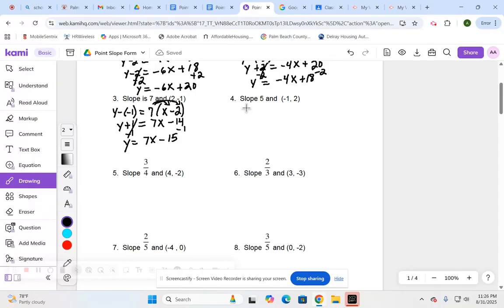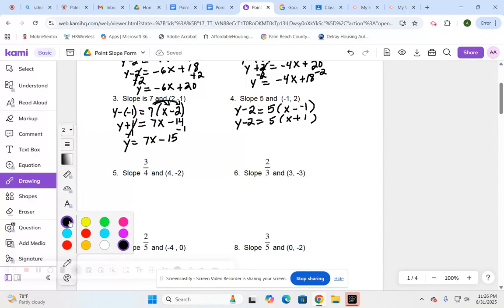All right, number 5. y minus y sub 1, which will be 2, equals 5 times the quantity of x minus x sub 1, negative 1. We are subtracting negative 1, so we'll get y minus 2 equals 5 times the quantity x plus 1.